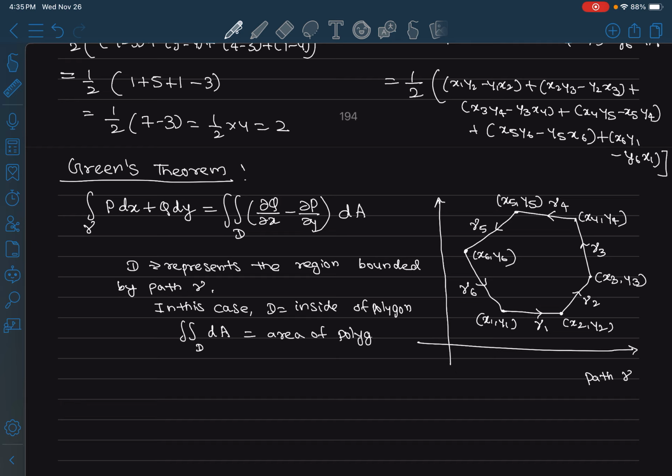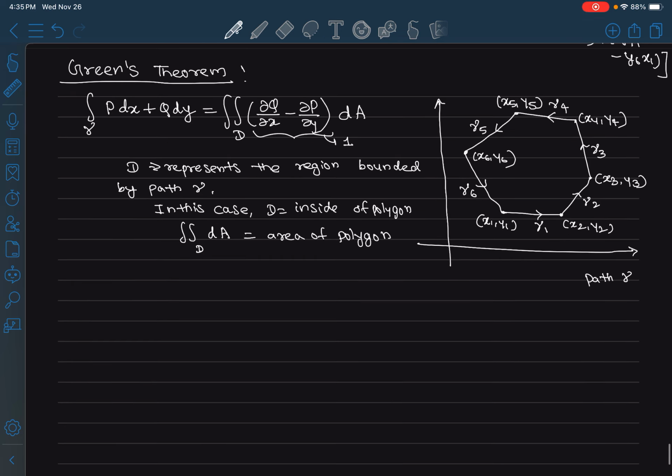Okay, so here our goal is clear. We want to make this thing just one. One of the ways we can do it is to choose Q to be x and P to be 0. If we do that, we get partial Q partial x minus partial P partial y equals 1 minus 0, that's 1.